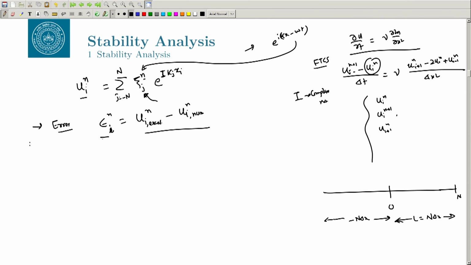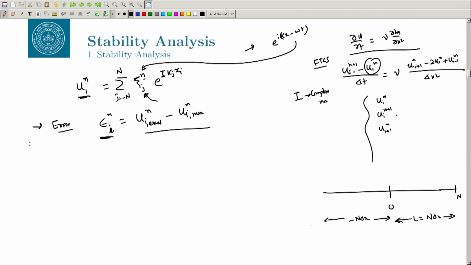By the definition of stability we should analyze the error, but what we are doing is analyzing the wave itself, because when we use von Neumann stability analysis, we consider it valid for linear equations.